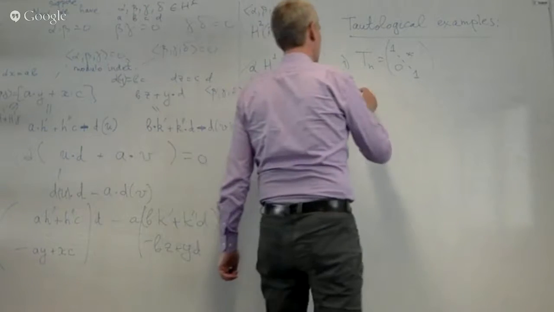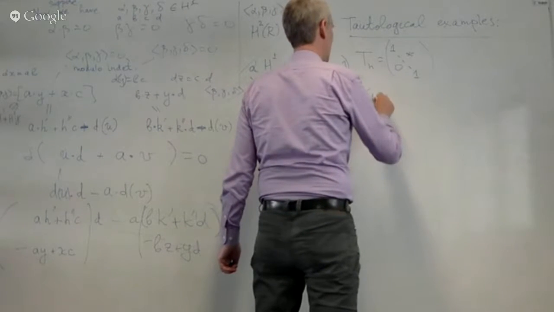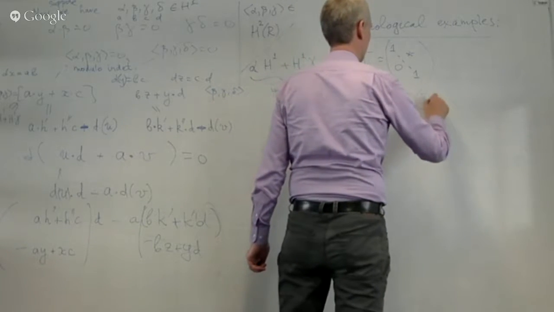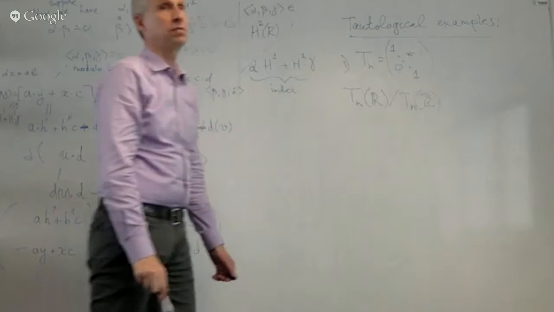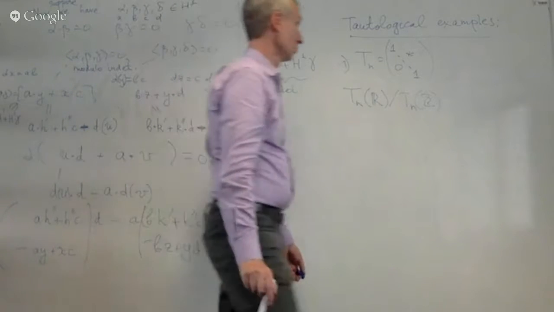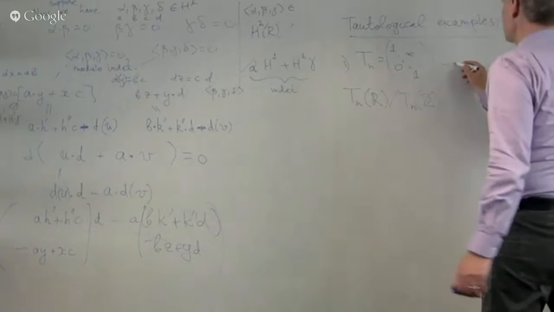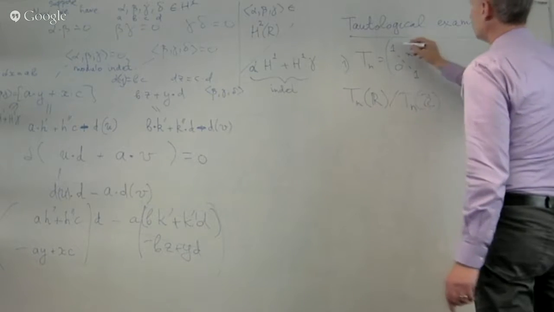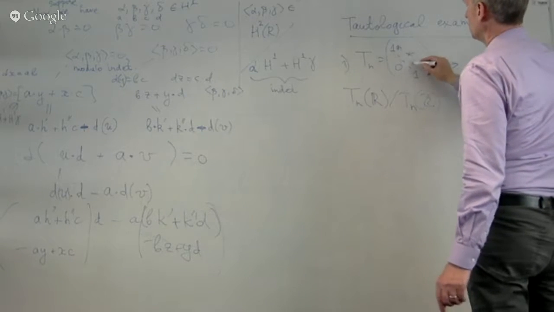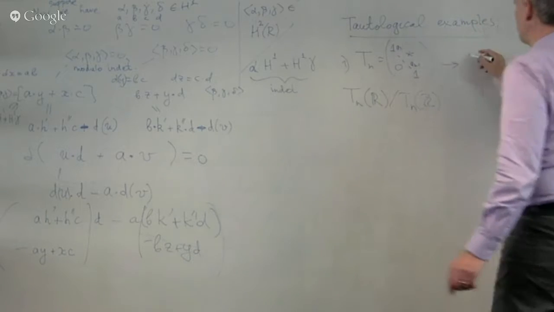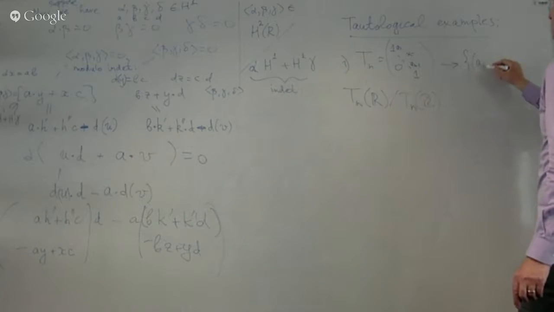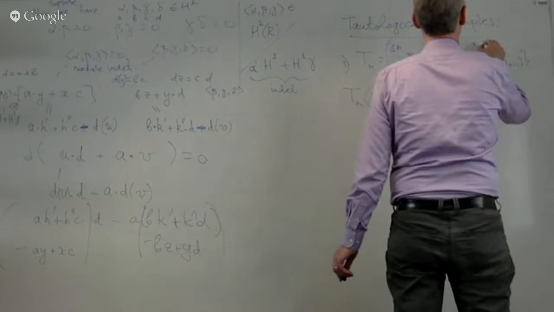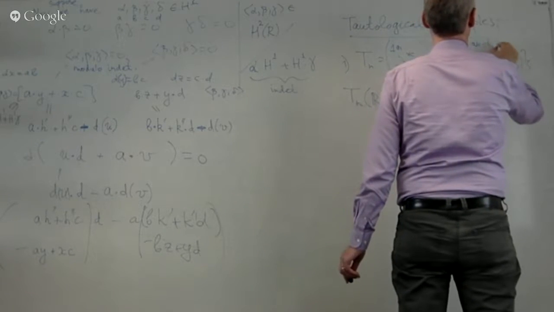Let's consider Tn of R. What about Tn of C? So this manifold. Well, Tn projects onto the additive group A1, ..., An minus 1. The additive group, so the vector group.